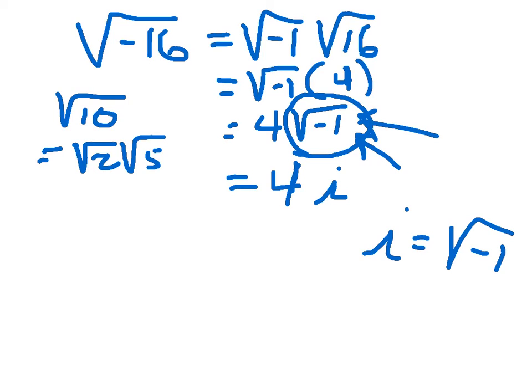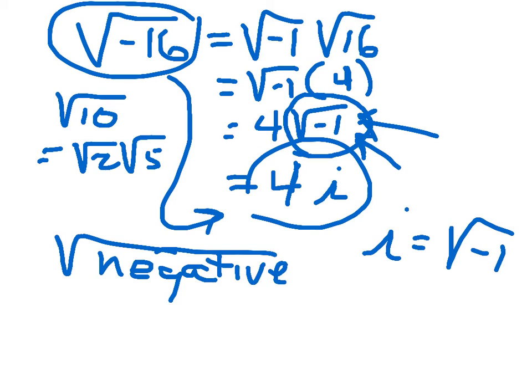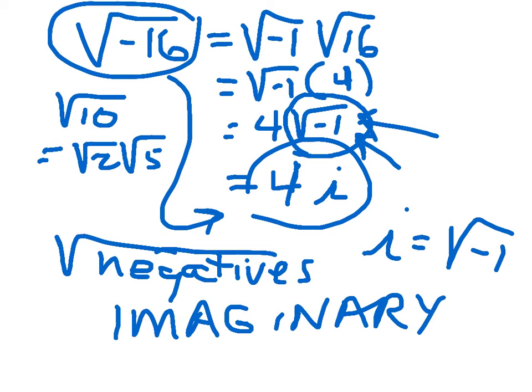So a number like the square root of negative 16 simplifies to 4i. We take the square root of 16, and we do the square root of negative 1. We write it as i. It's a little shorter, and the reason i is used is because numbers like this, square roots of negatives, are called imaginary numbers.